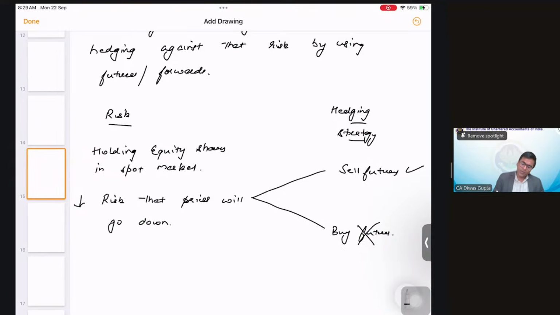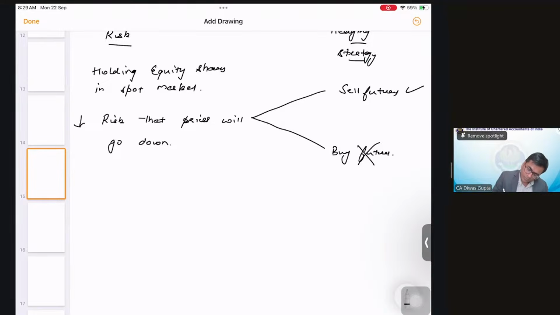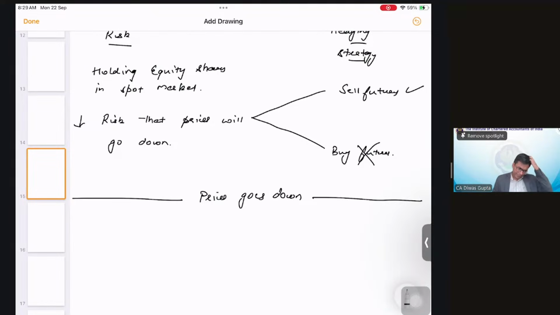Okay. So if the prices go down, we will take the opposite position. So here it will be a loss and here it will be a gain.